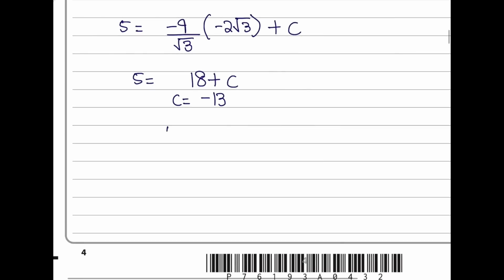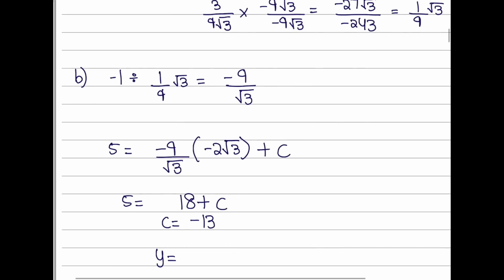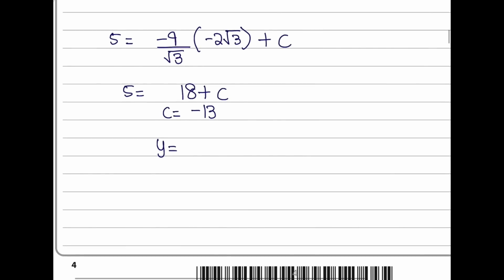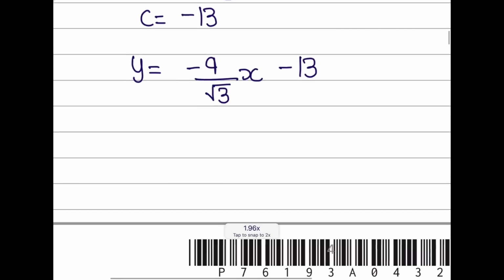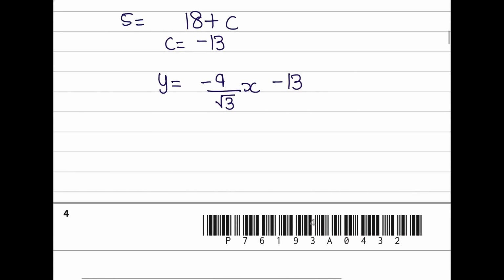Now you can write the equation as y is equivalent of negative 9 over root 3 into x minus 13. All right. And then what we can do is, instead of having a surd at the bottom, which I really don't prefer, I can multiply negative 9 over root 3 with negative root 3 over negative root 3.